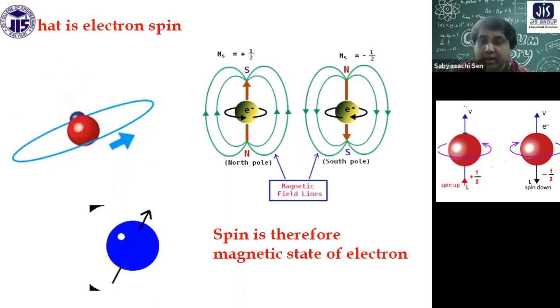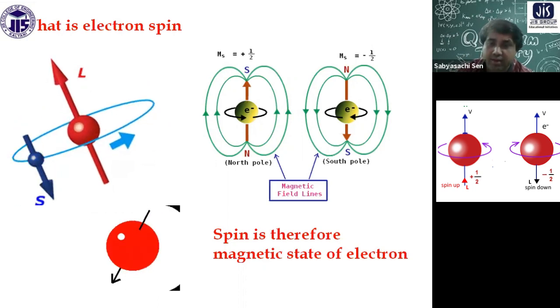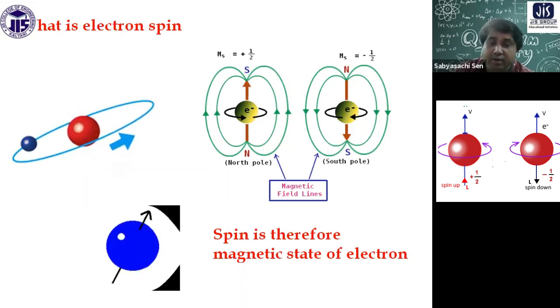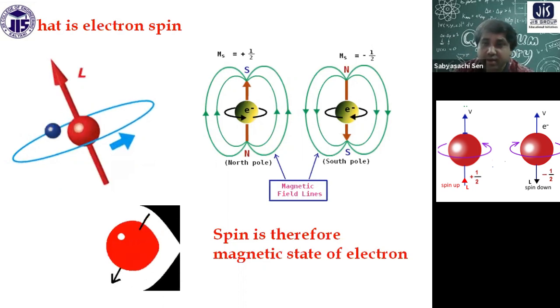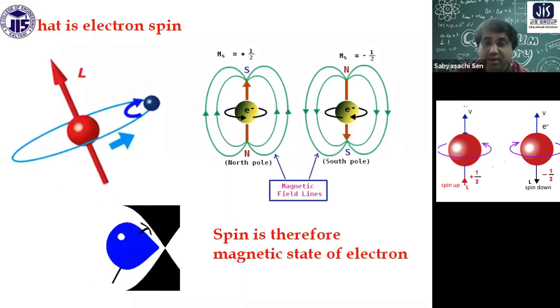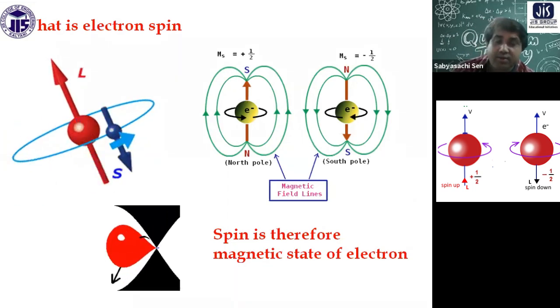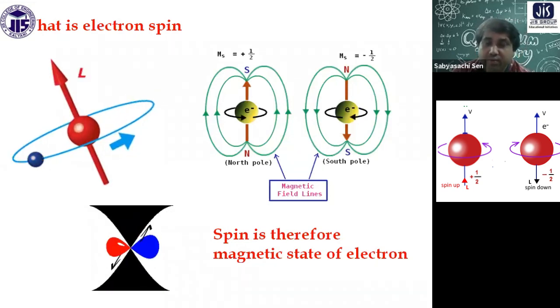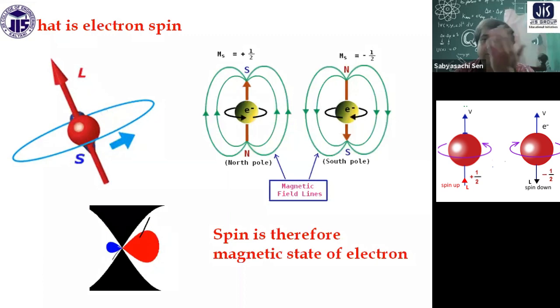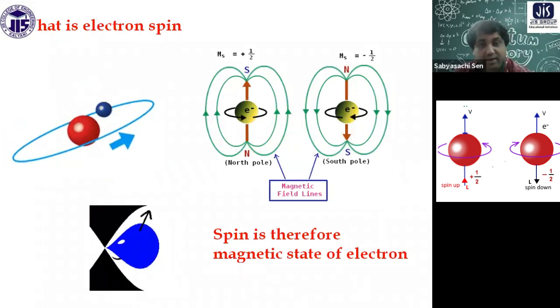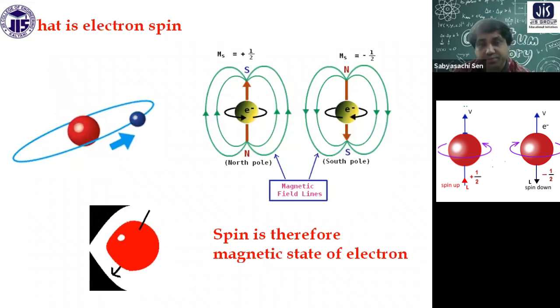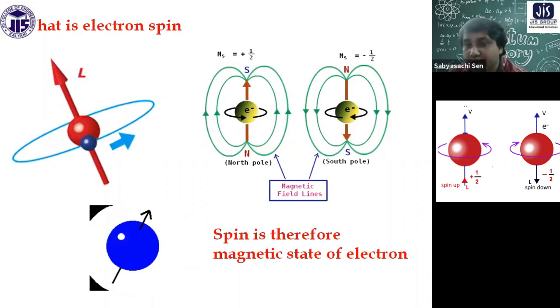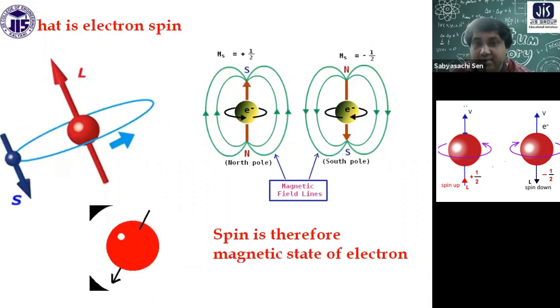The electron can spin either in the clockwise sense or in the anti-clockwise sense. So it can have two types of spin state. One we call up spin, the other is down. So the electron can produce two types of magnet, the magnetic state of the electron.